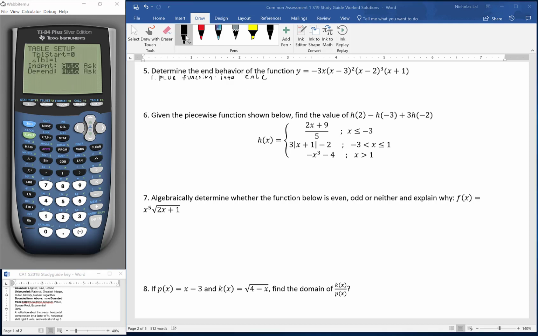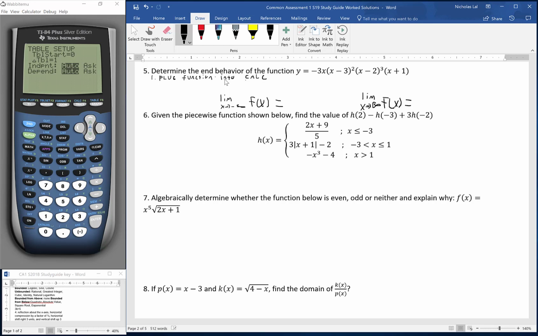End behavior, if you really think about it, is the value or the limit when x approaches negative infinity of f of x, and the limit when x approaches positive infinity of f of x.